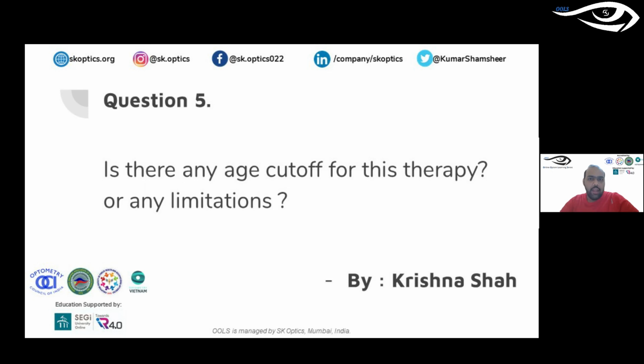And any differences in terms of using this in children versus adults? Because this is a game-based, gamified kind of vision therapy system. Have you found that children respond to this therapy much better compared to adults, or is there no such difference?